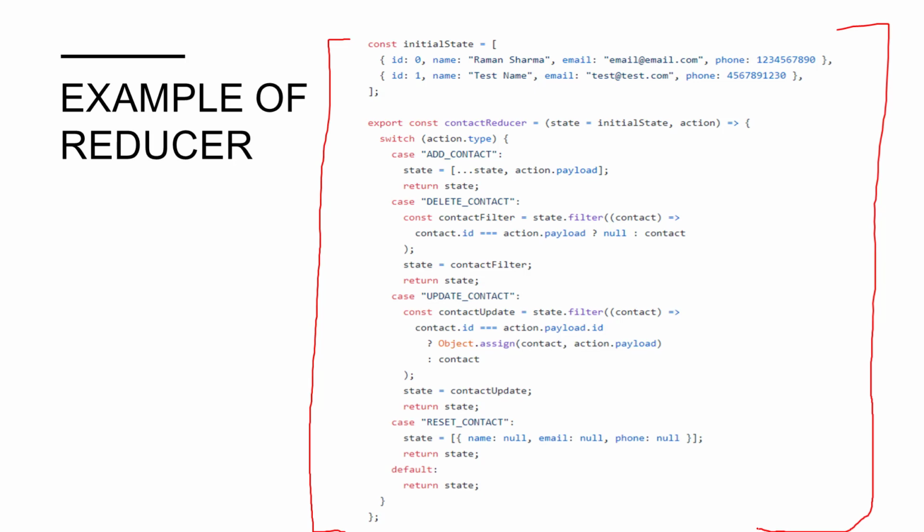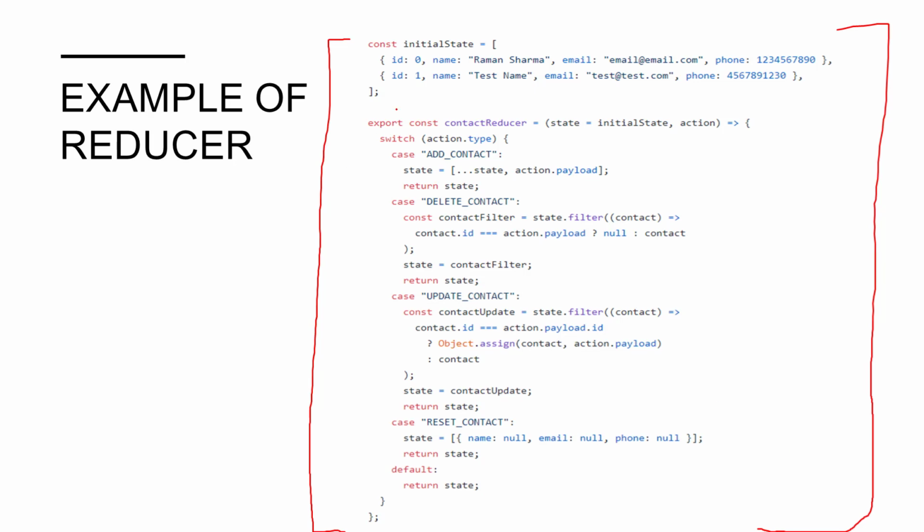Only one reducer we will apply in that project. This is a screenshot of that project. The GitHub repository is there.